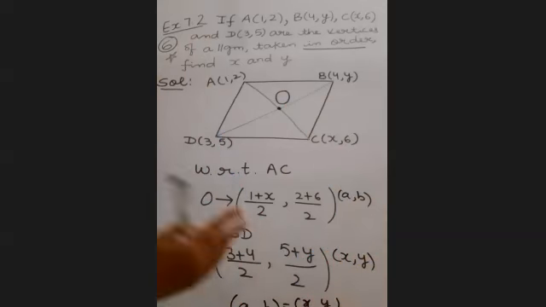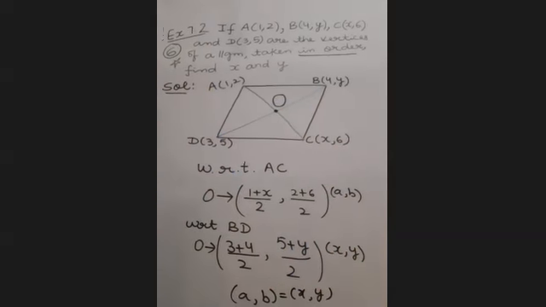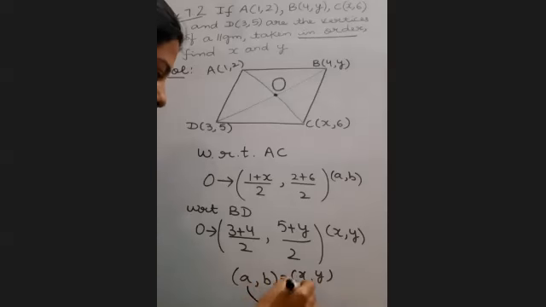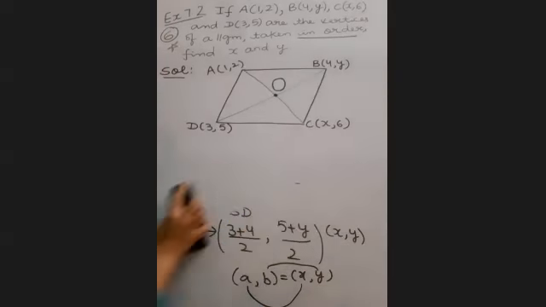Since there is only one point, the coordinates must be the same. And this is possible only when A is equal to X and B is equal to Y. Clear? So that is how, by equating them, we will get the values of X and Y. Getting my point, children?